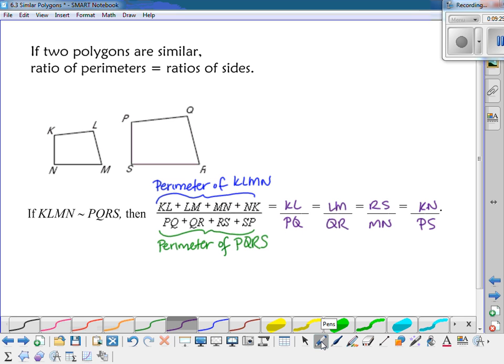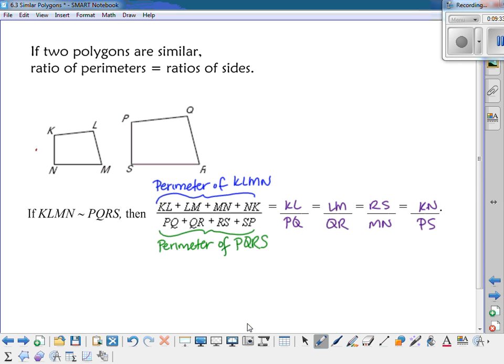Suppose that KN was 2, KL was 6, NM is 8, and LM is 4. And then all I give you for the second figure is that PS is 3. Well, I can use the ratio of the sides to find the perimeter of PQRS.